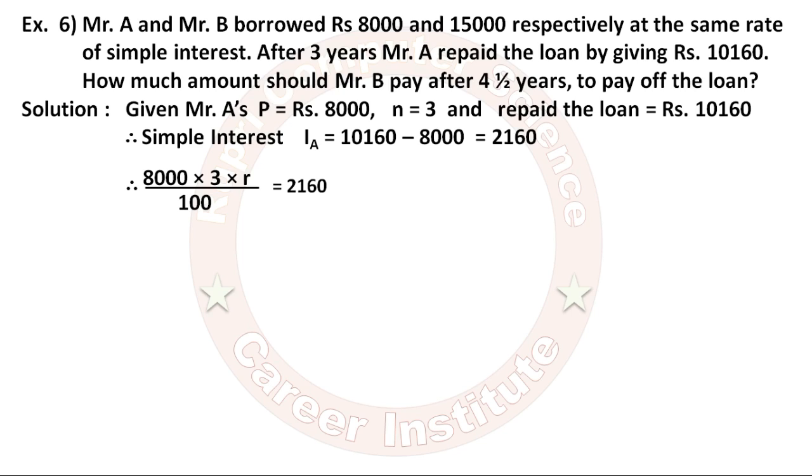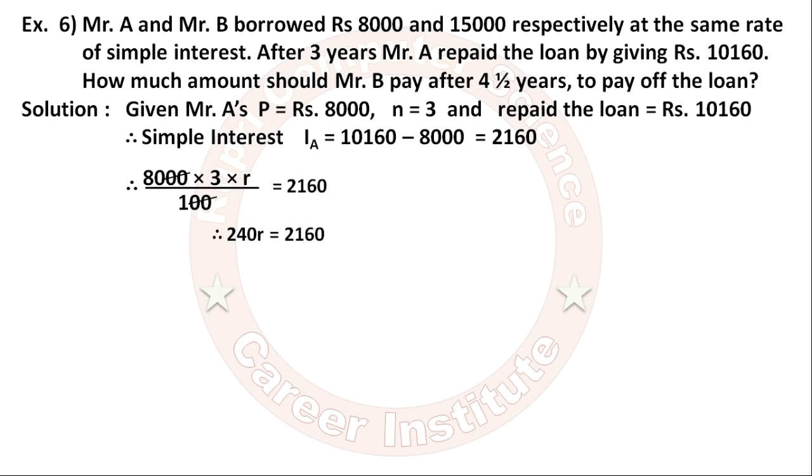Right? Now 2 zeros from 8,000 are gone, and from below 100, 2 zeros are gone, okay? Therefore, 8 into 3, 240 R. Therefore, 240 R is equal to 2,160.